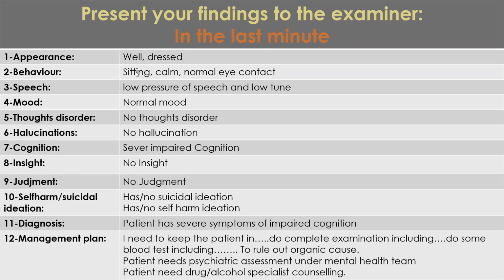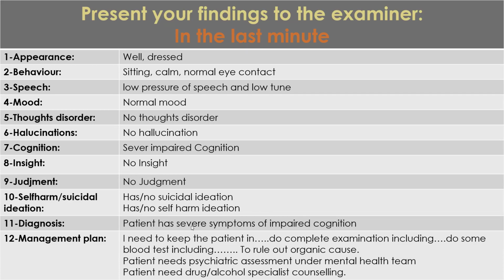well dressed, sitting, calm, normal eye contact, low pressure of speech and low tone, normal mood, no thought disorder, no hallucination, severely impaired cognition, no insight, no judgment, no suicidal ideation, no self-harm ideation.